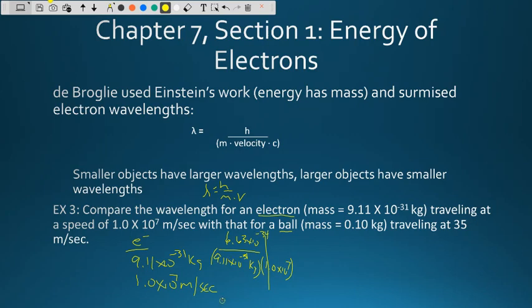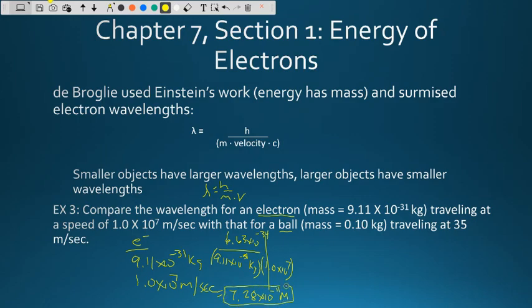So we see that the electron has a wavelength of 7.28 times 10 to the negative 11th meters.